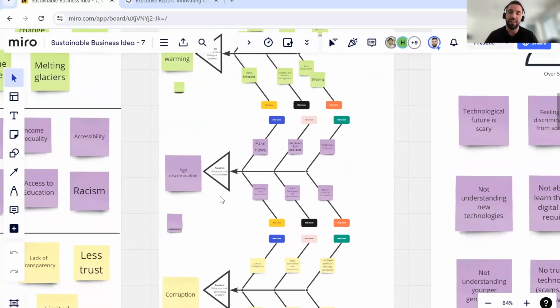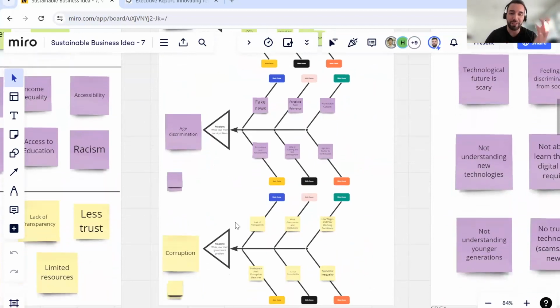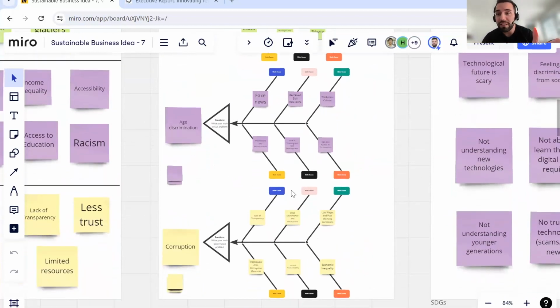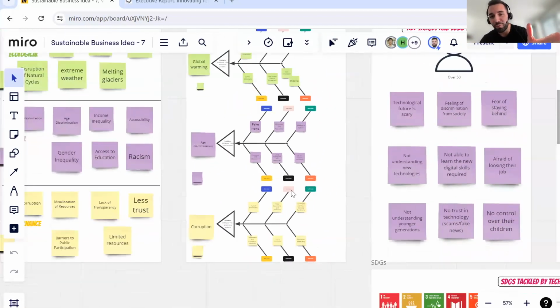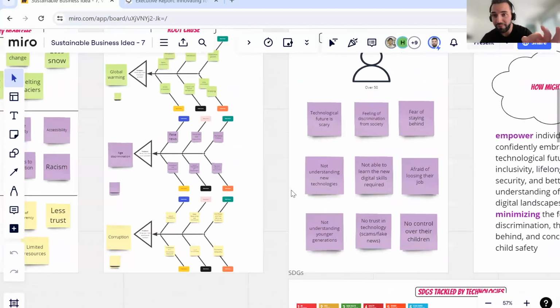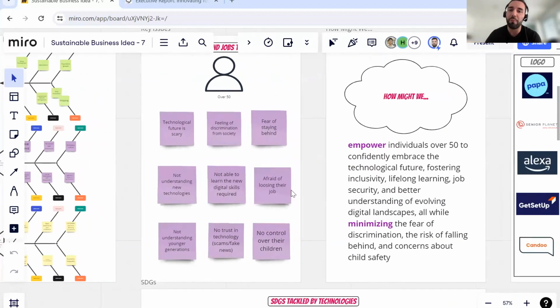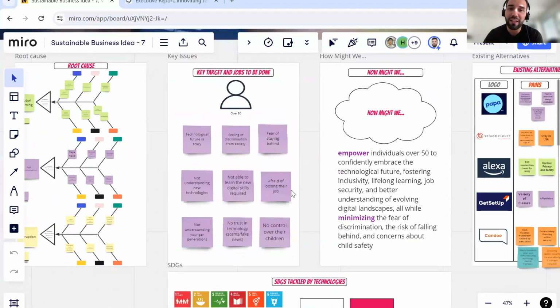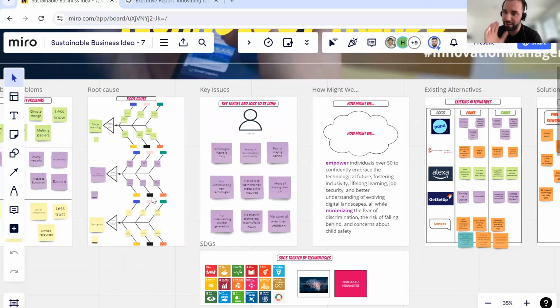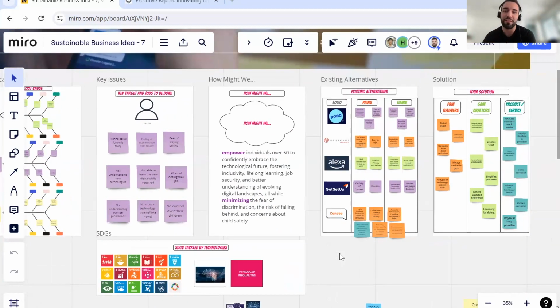Same thing with the other levels like age discrimination and corruption. And then we guide students to work on the selected specific issues in order to develop a very specific sustainability-oriented business opportunity. So basically we start with a sustainability problem, and then we go to the business opportunities.